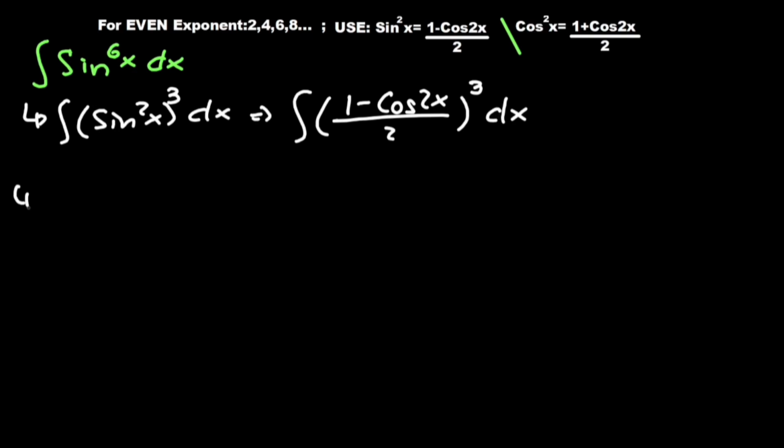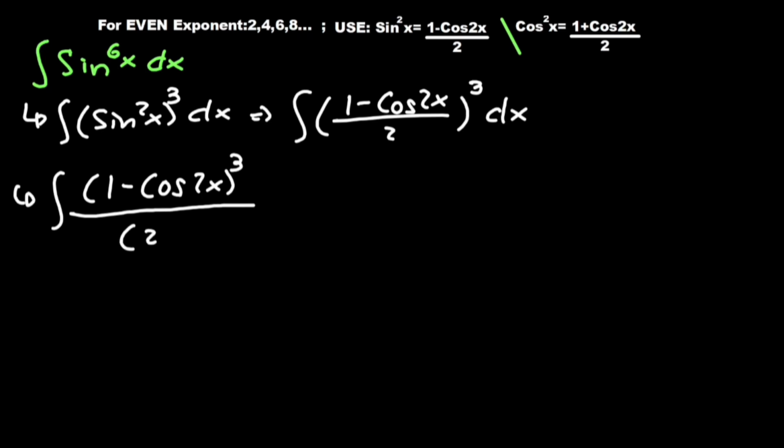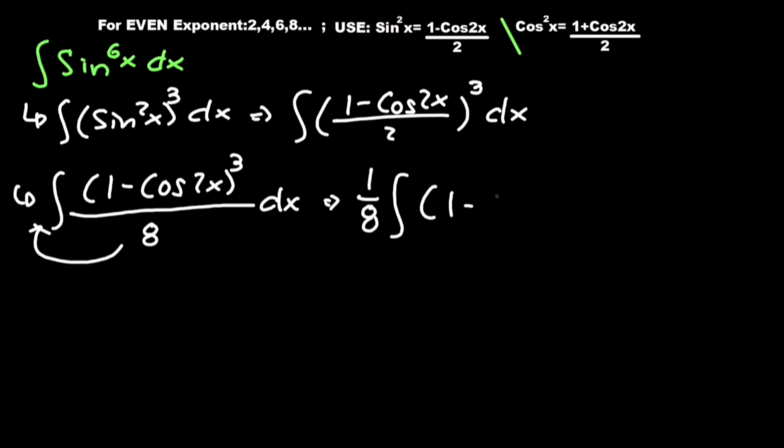And so rewrite this as 1 minus cosine 2x to the power of 3 over 2 raised to the power of 3, which is 8. And put 8 outside. So you will have 1/8 integral of 1 minus cosine of 2x raised to the power of 3 dx.